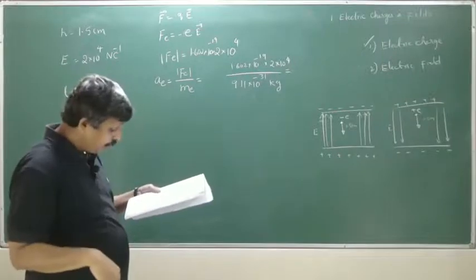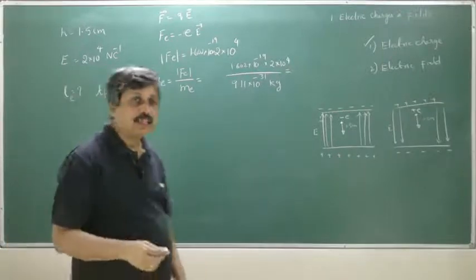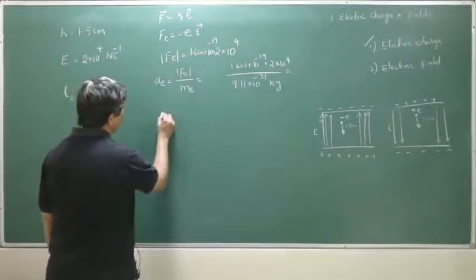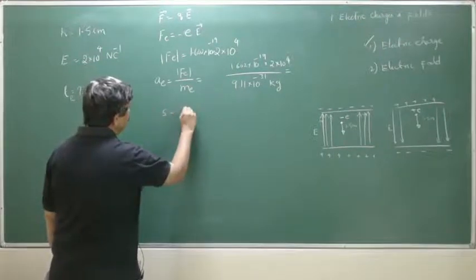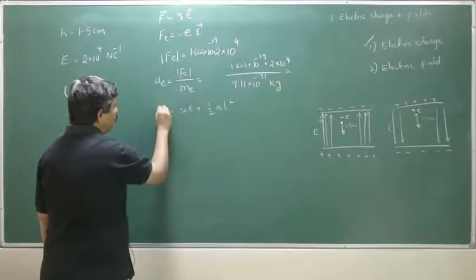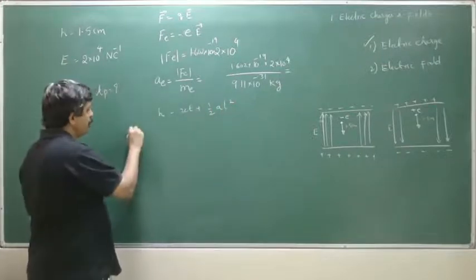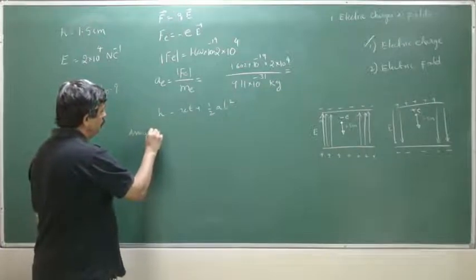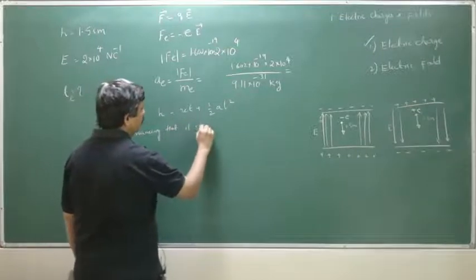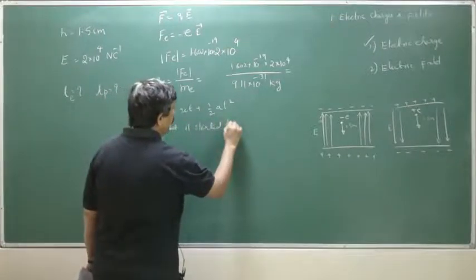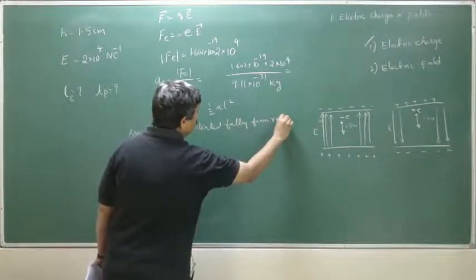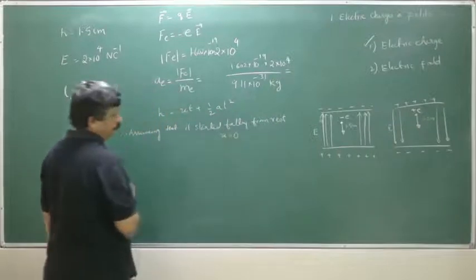Okay, so once you calculate the acceleration, you will substitute that acceleration in our kinematic formula, which is s is equal to ut plus half a t squared, or h is equal to, assuming that it started falling from rest, u is equal to 0, correct?